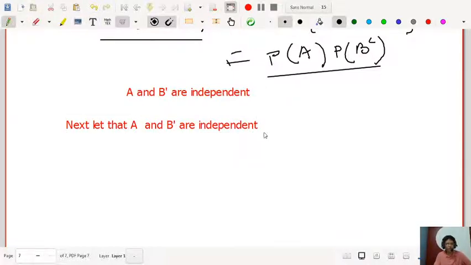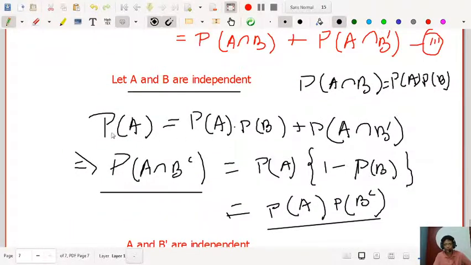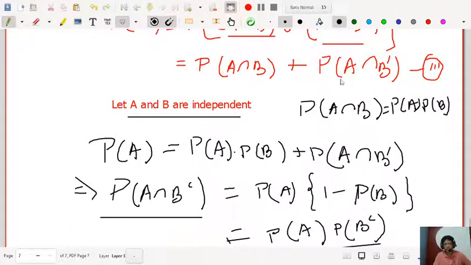We have to prove A and B are independent. So again you have to write that equation, probability of A equal to probability of A intersection B plus probability of A intersection B complement. I am writing this relation.